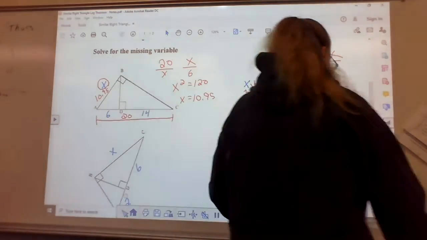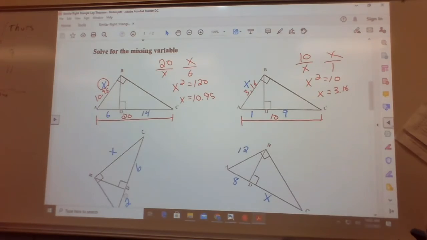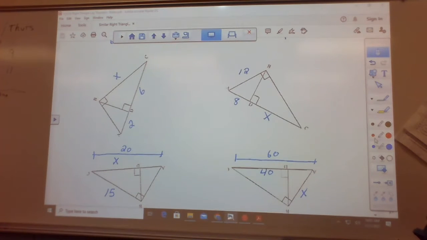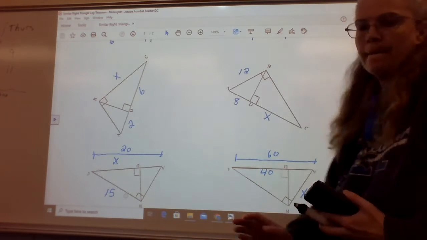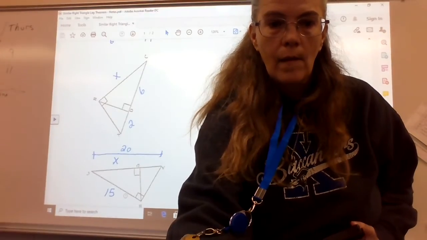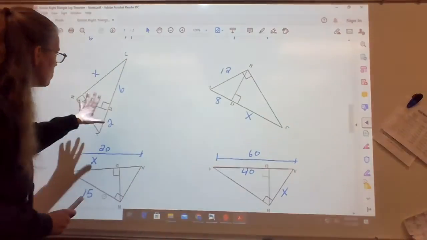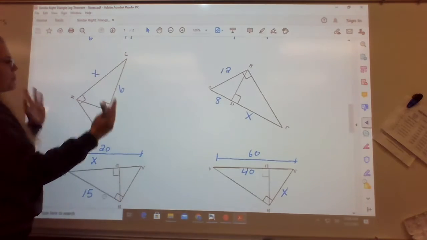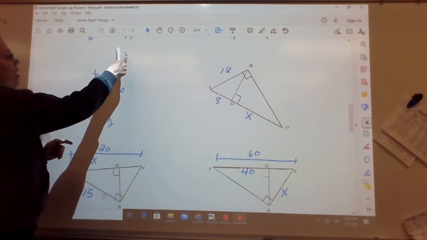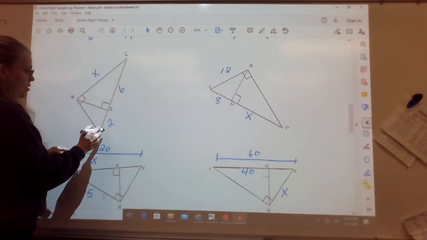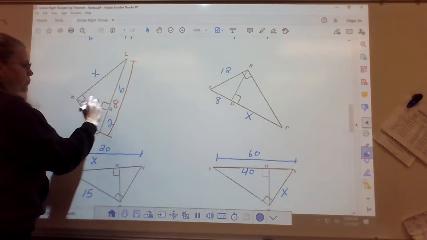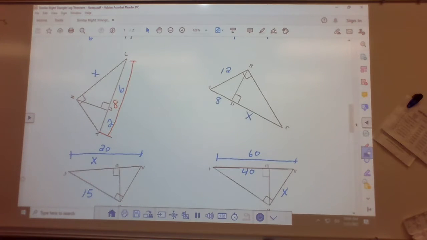Next two. This one, yeah, I turned it a little bit different, but it's pretty much the same thing. I've got the entire bottom here. So to find the entire bottom, I'm going to add the 2 and the 6, I get 8. So I'm going to use an 8.